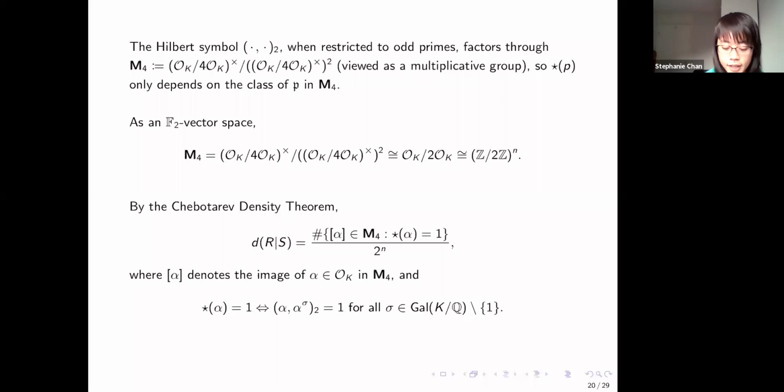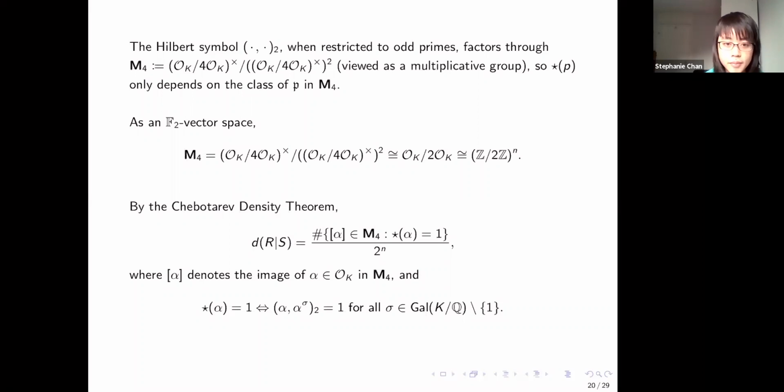So the property star only depends on the projection of P into the group M4. And this group M4, under our assumption, is always of size 2 to the n, n being the degree of the number field.